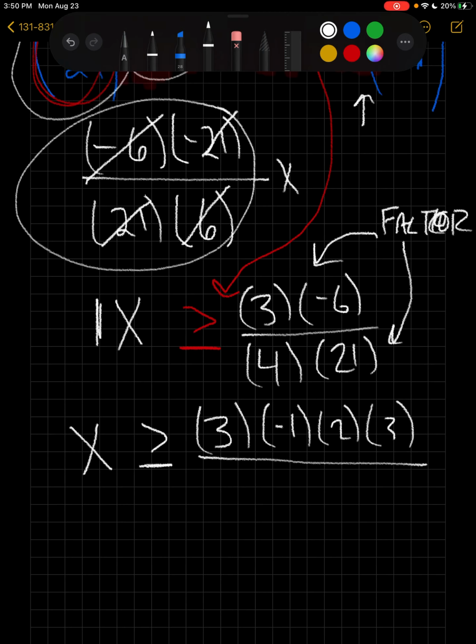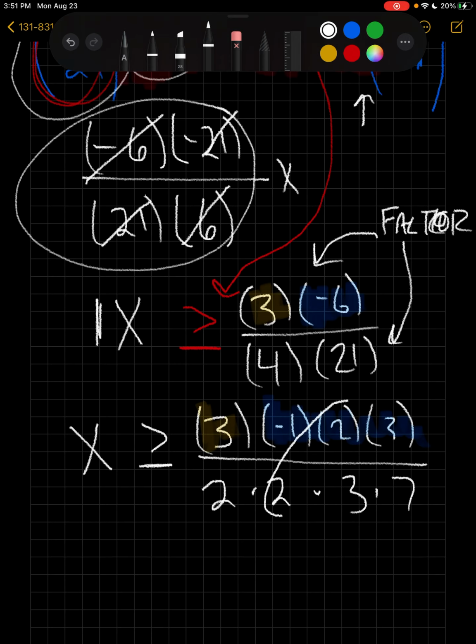So the 3 is coming from the 3, and then negative 1, 2, and 3 multiply together to give me negative 6. And so to get the 4, I have a 2 times a 2. And to get the 21, I have a 3 times a 7.